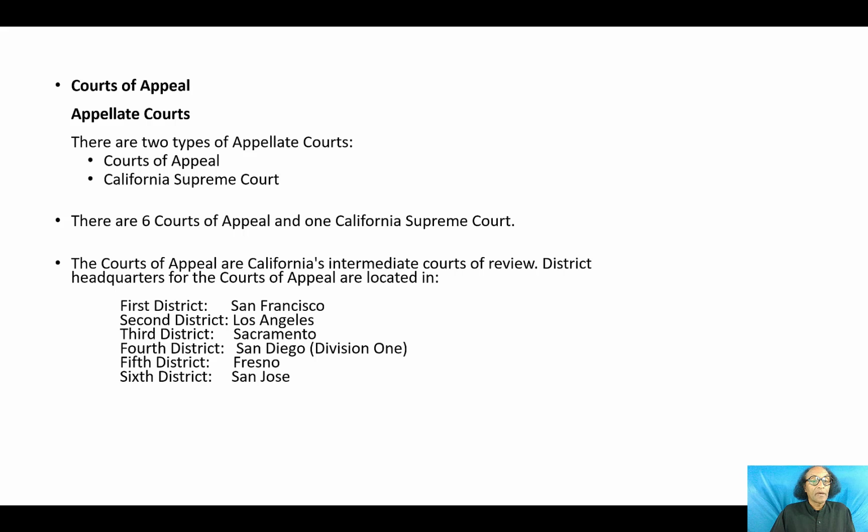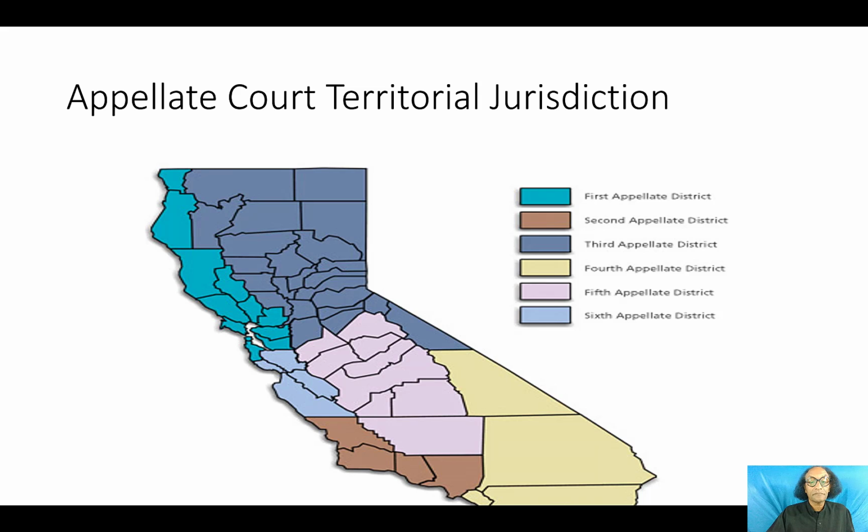Again, the structure here for the appellate courts, and what the distribution looks like geographically. Here's a geographic representation of the appellate court distribution, and they're color coded.